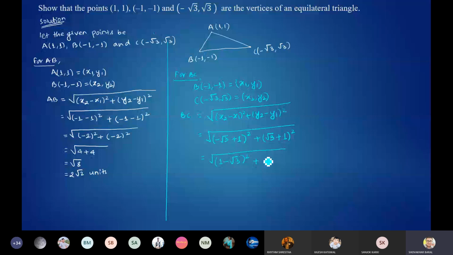Again, root 3 plus 1, let me write this in the format (1 plus root 3) whole square. Since both are plus here, there is no confusion to exchange the terms. So this is (a minus b) whole square. Can anyone tell me the formula of (a minus b) whole square? Please tell me the formula of (a minus b) whole square.